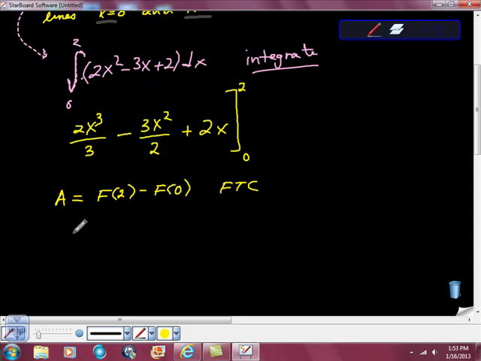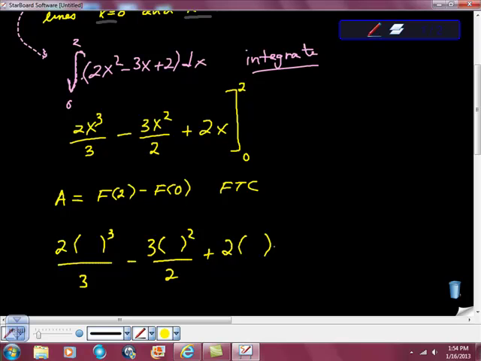All I'm going to do is take 2x cubed over 3 minus 3x squared over 2 plus 2x. That's this part right here.